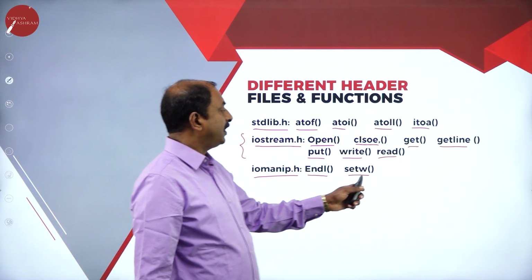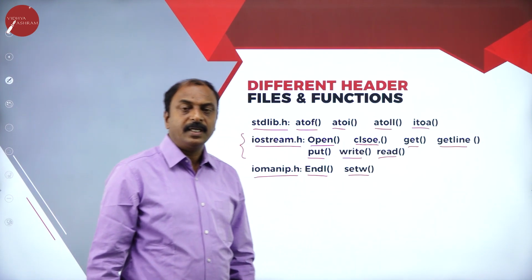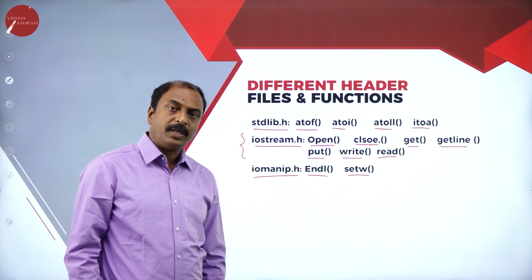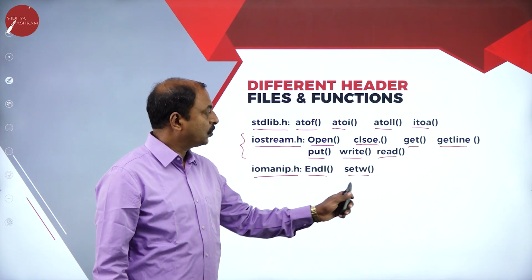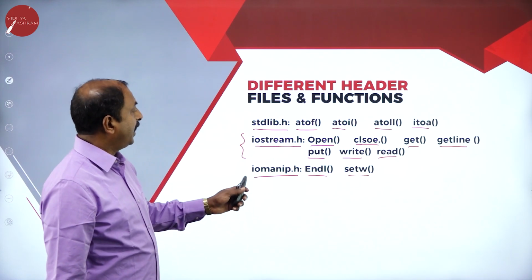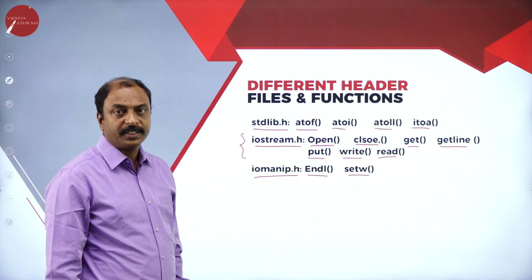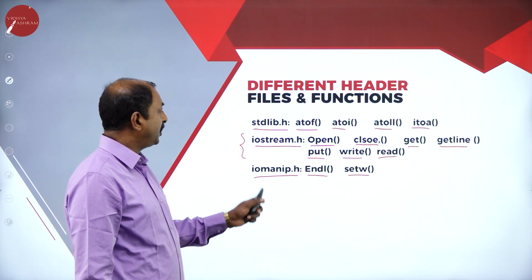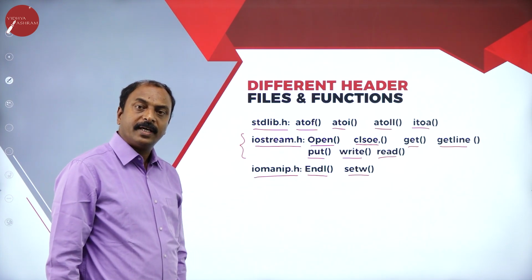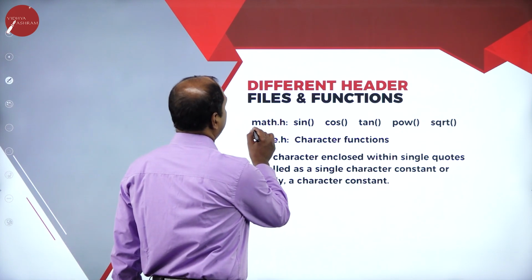So setw with a number gives that much space between two identifiers or two values. These two are also called manipulators, and they come under the header file iomanip.h.